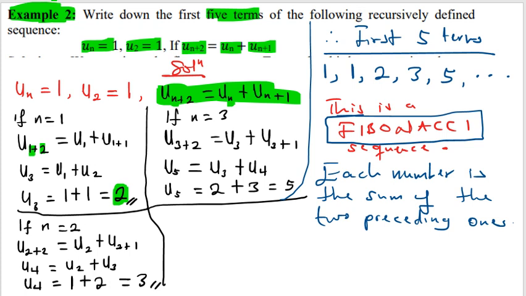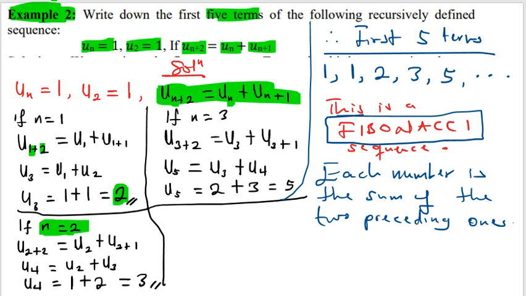Let's go to if n is equal to 2. If we let n is equal to 2, wherever you see n in this formula, put 2 there. So when you put 2 there, you are going to get u(2+2), then u2, then u(2+1). So u(2+2) is u4, then u(2+1) is u3.